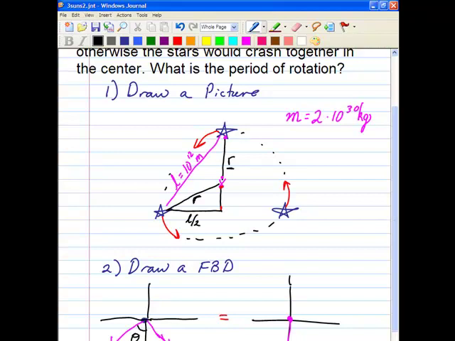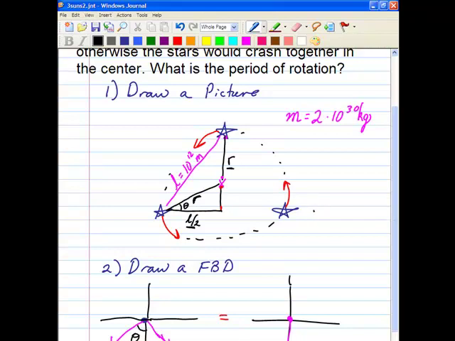In our drawing below, this theta here is going to be equal to, let's make sure we get this right, the theta up here in the drawing is going to equal the theta down in our free body diagram. We know the adjacent length, and we're trying to find the hypotenuse length.